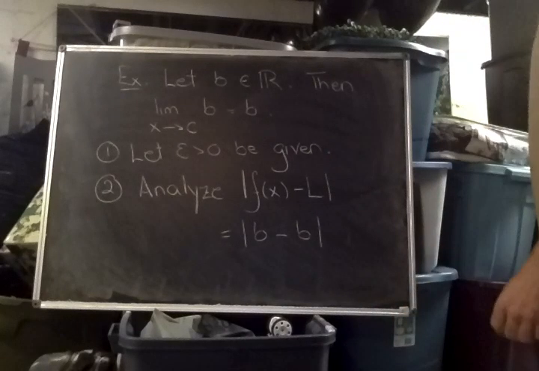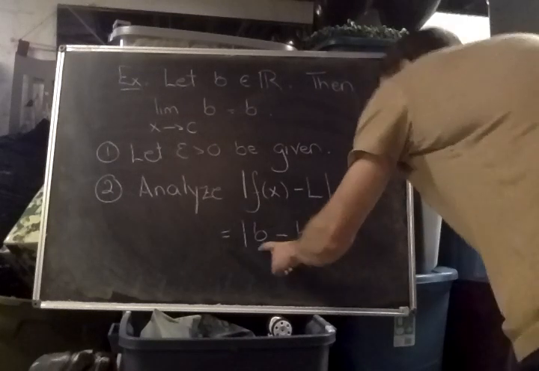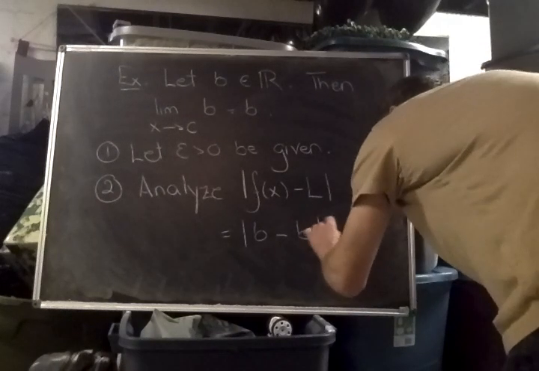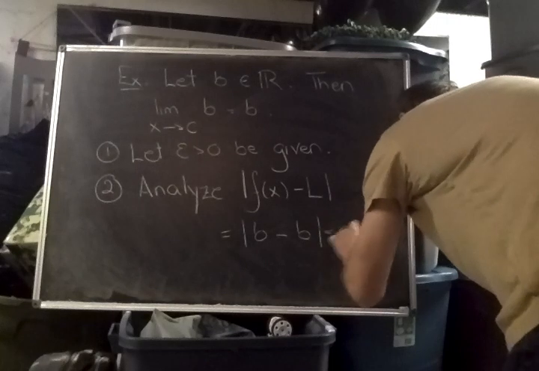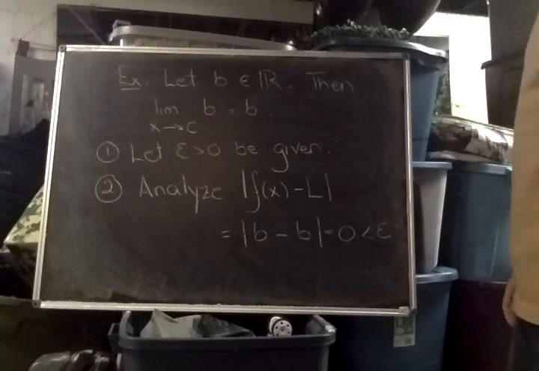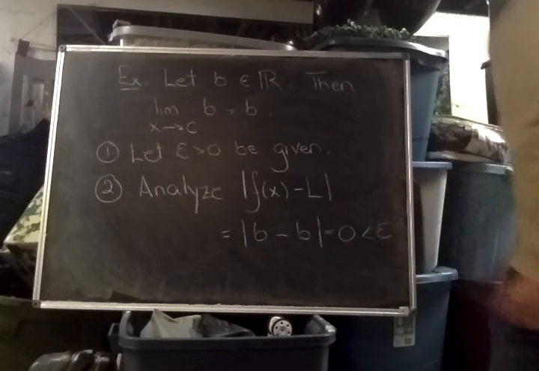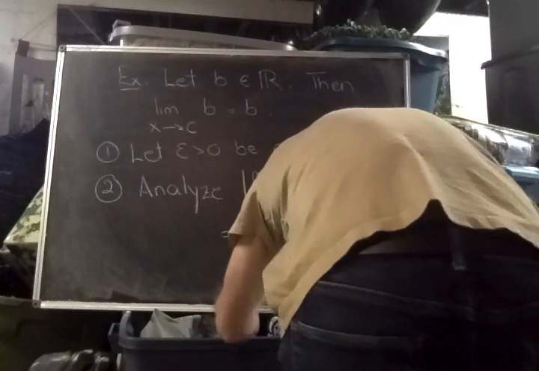Okay? And so this is a particularly simple example because, of course, now f of x and L are in fact equal. Therefore, this quantity is equal to 0, which is less than epsilon for all x. So for any x.